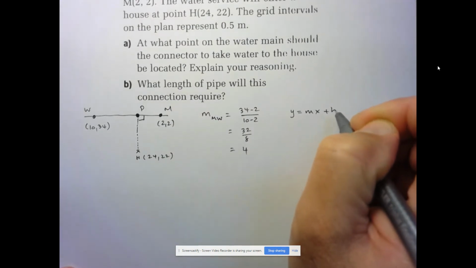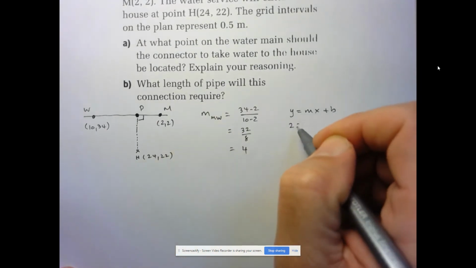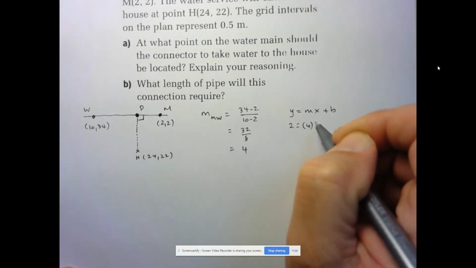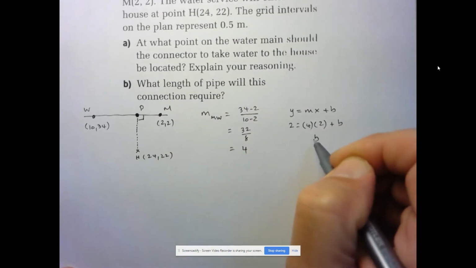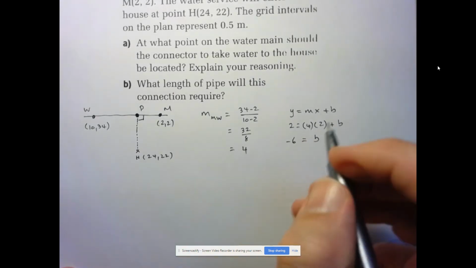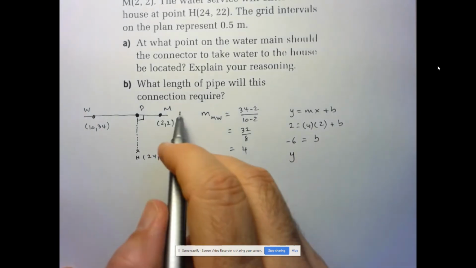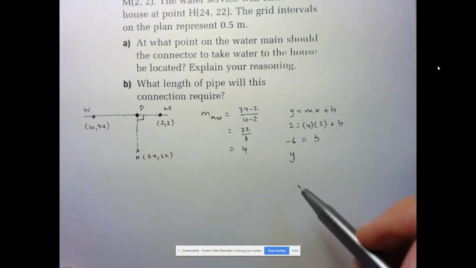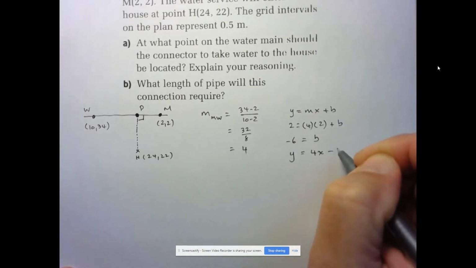I don't think you'll be too surprised that I'm going to choose (2, 2). So when y is equal to 2, the slope is equal to 4, and x is also equal to 2, I can now solve for b. So b is equal to 2 minus 8, which is negative 6. So the equation for the line that represents the water main is y = 4x - 6.